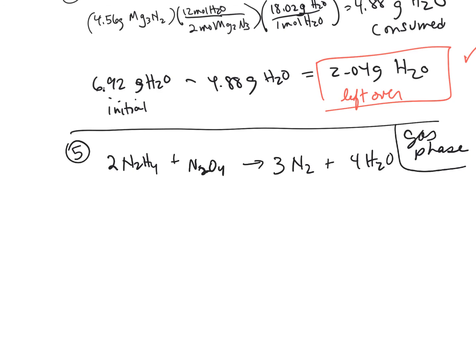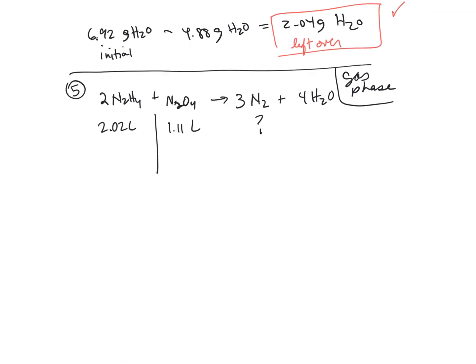Okay, and you have 2.02 liters of N2H4. You have 1.11 liters of N2O4. So the question is, how many liters of N2? That's part A. How many liters of N2 are you going to get?